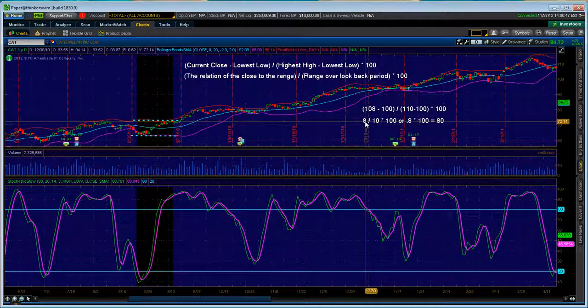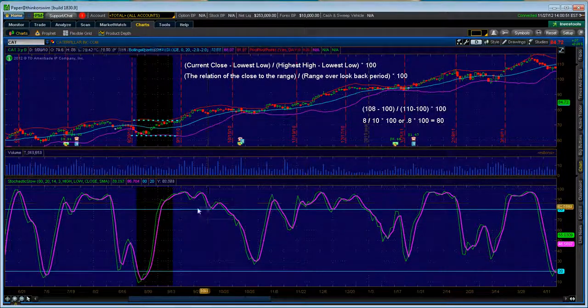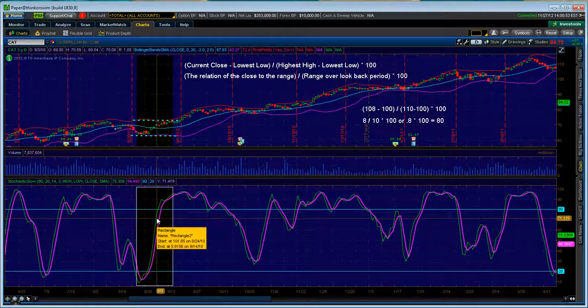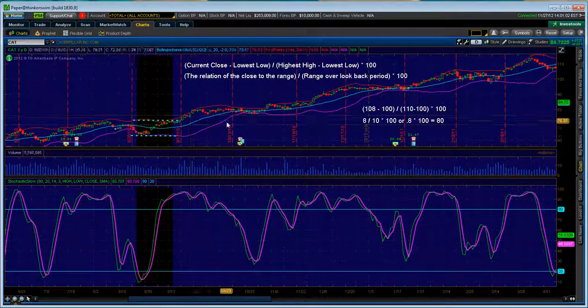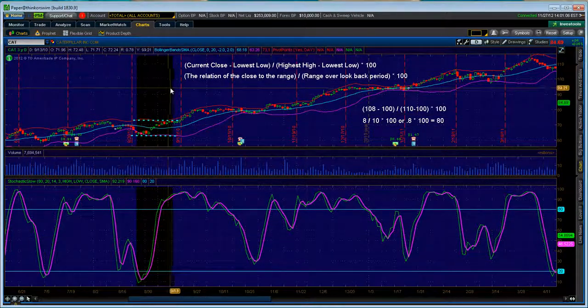And it's just as simple as 8 divided by 10, or 0.8 times 100 would give us a reading of 80. So it would be right at this level, right at the overbought line.